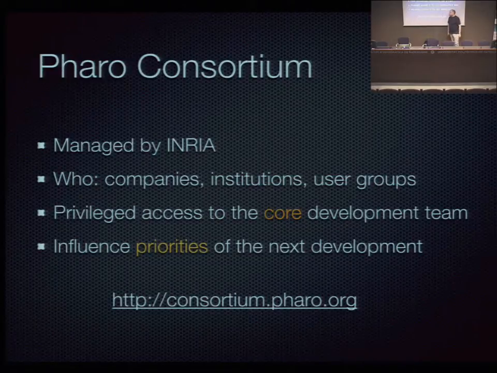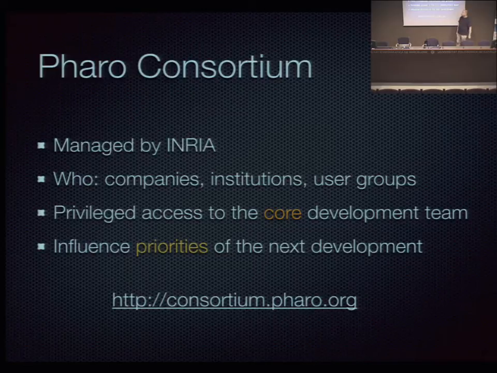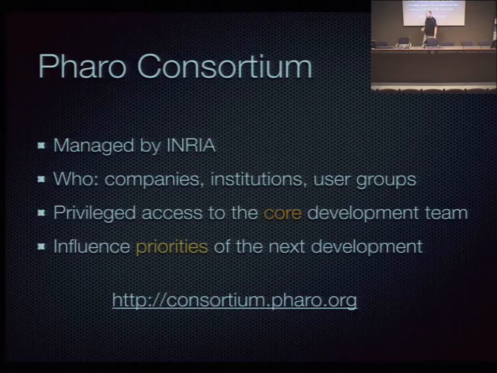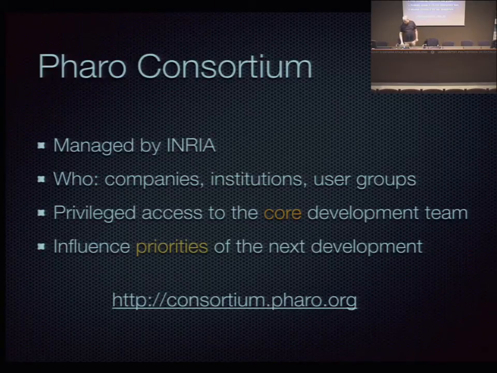What we did over the last years is to work with INRIA to set up a consortium for Pharo, which is meant for companies and institutions like that. There's the concept of a research membership, and, for example, user groups, if we ever have local ones. The idea is that they have a way of communicating directly to the core team, to set priorities of what needs to be done, and to provide resources for doing things.